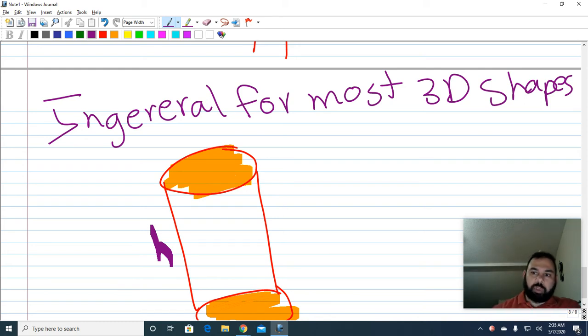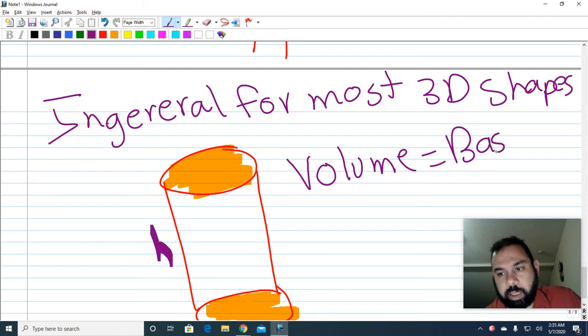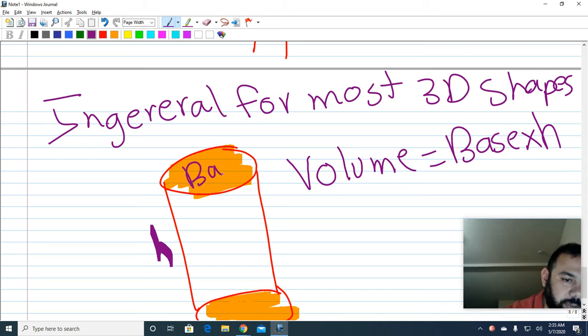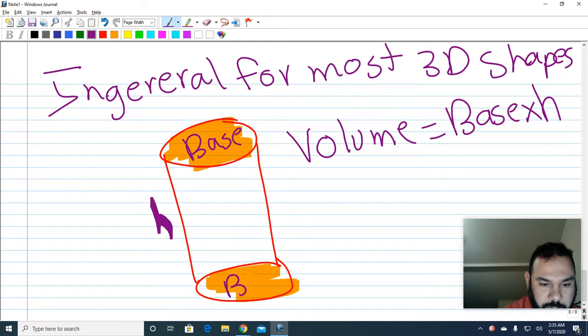In general, for most 3D shapes, the volume will be equal to the area of the base multiplied by height. So here, this is my base and this is another base. Just the area of one of them multiplied by height is enough to give me the volume of the cylinder.